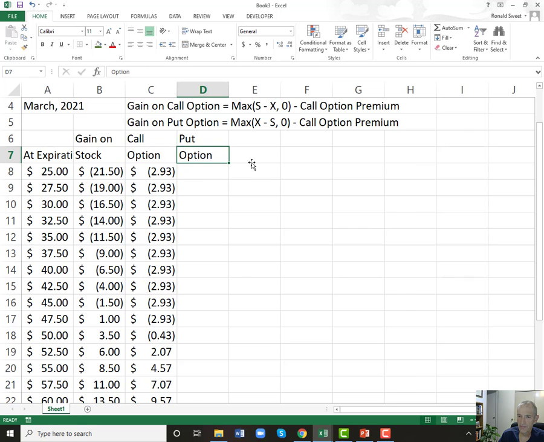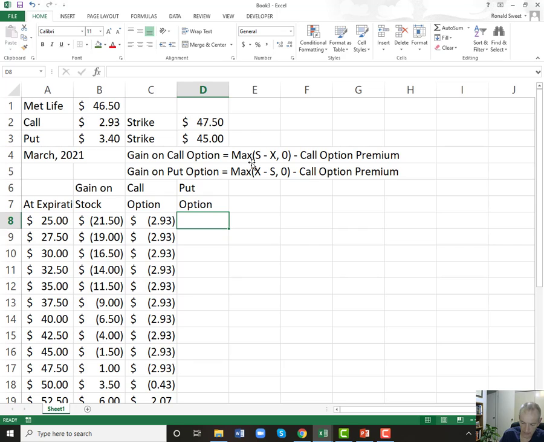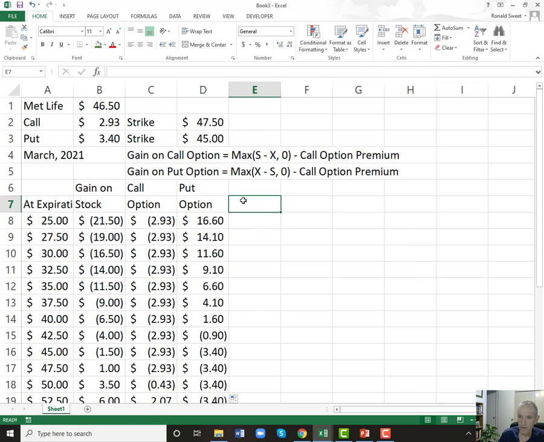So here we'll do equal max, and here we'll do the strike price first minus the current price, comma 0. So that's going to be a lot of value. Put gives you the right to sell. So we can sell this stock for 45 bucks, and at expiration it's only trading for 25. That's going to be worth 20 bucks to us. But we had to pay $3.40 to get it. So there we make money. The worst we can do is lose our premium.